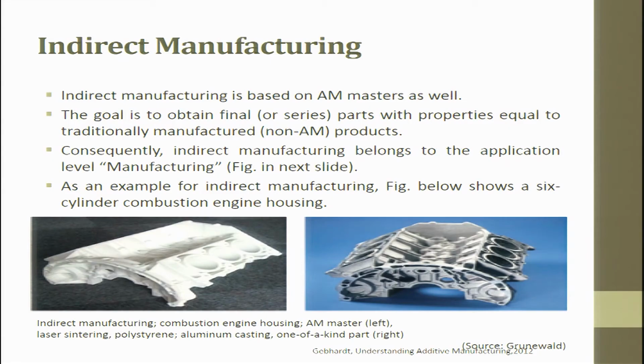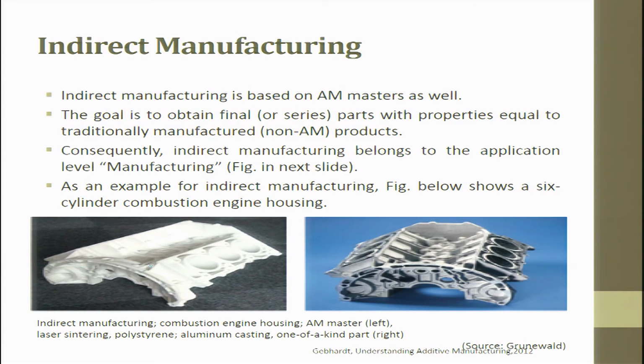So, when we move towards indirect manufacturing, it is based on an additive manufacturing master as well. The goal is to obtain a final part with properties equal to the traditional manufacturing products. Consequently, indirect manufacturing belongs to the application level manufacturing, which we will see in the next slide.